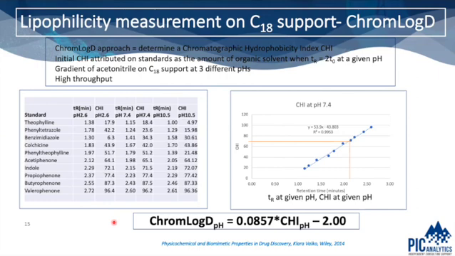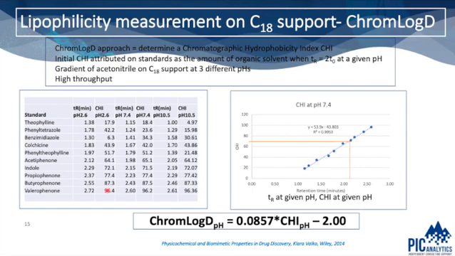What Clara did was take a lot of different standards and allocate a chromatographic hydrophobicity index by calculating the amount of acetonitrile needed to elute the compound at a retention time that is twice the T0, just to make sure that all the compounds were properly eluted and that all the interactions were really shown on this support.